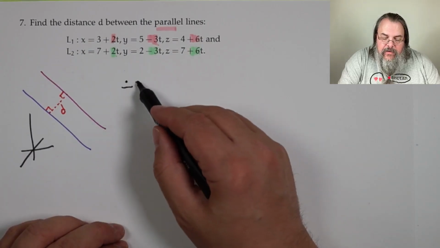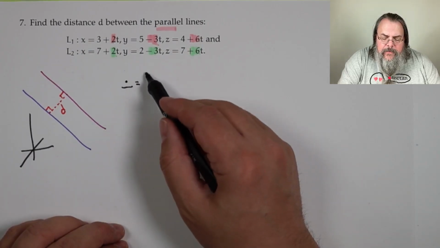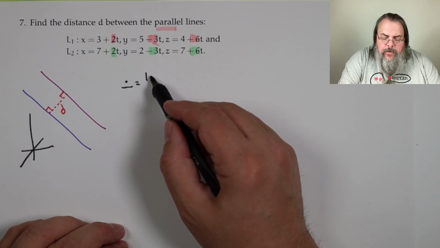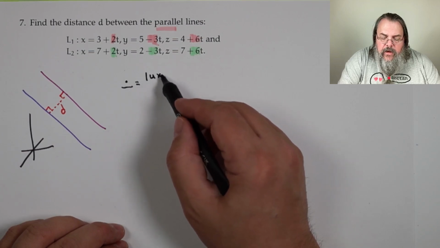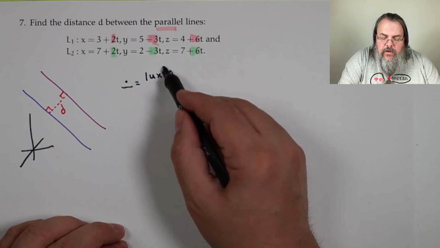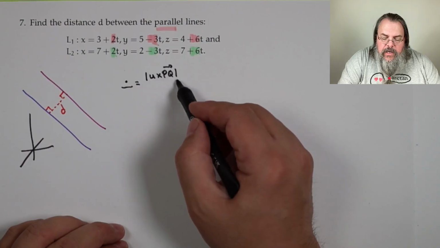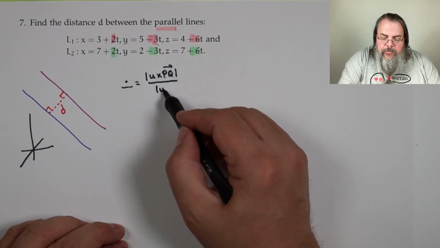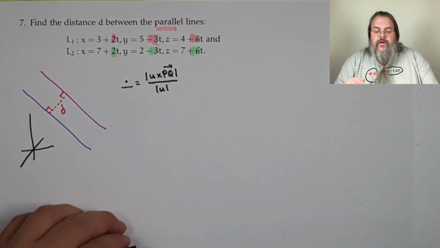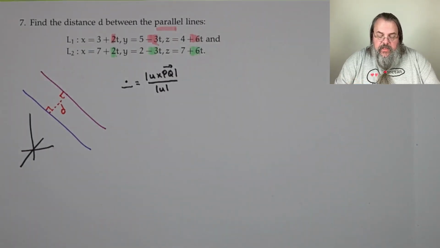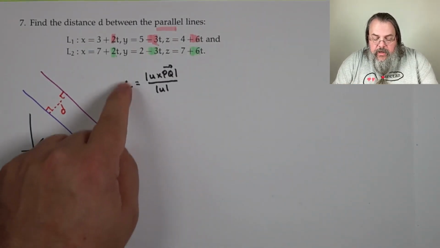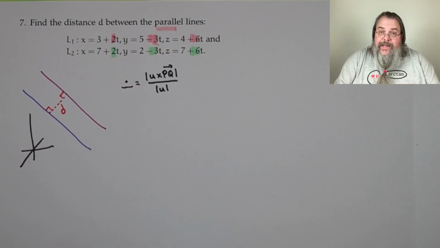And it looks like the following, and I don't know if I'll have it exactly the way it's written in the formula sheet, but it'll be close enough. It's U cross PQ divided by magnitude of U. Okay, so there's a couple of things that you're probably thinking of. Wait, that's point to line. We need line to line.